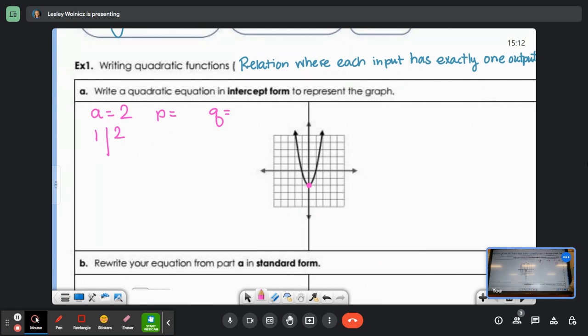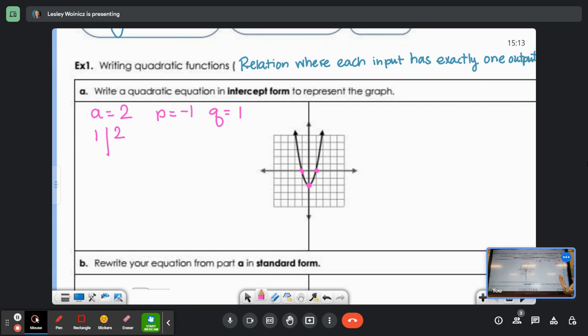All right, what's the P? Yeah, -1. What's the Q? What? I thought I heard it. Yeah, +1. Okay, now we have everything we need to write our equation in intercept form.